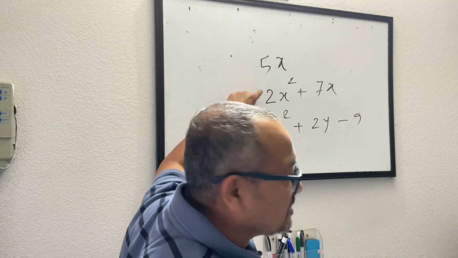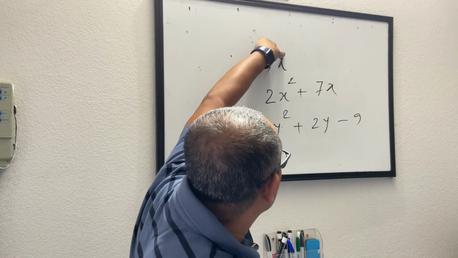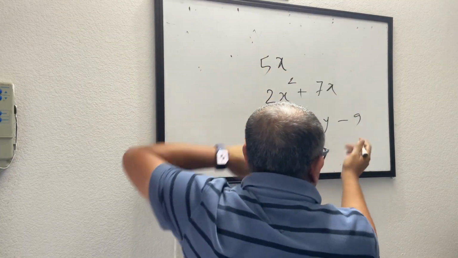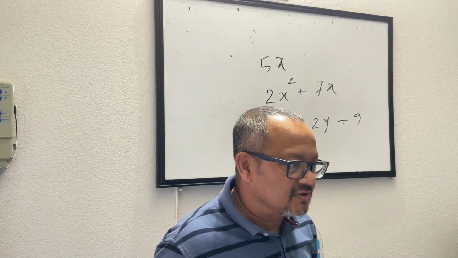These are three expressions that you are seeing, and each part is called a term. Here you have one term, here you have two terms, here you have three terms, meaning these are the separators which tell you how to count the terms.